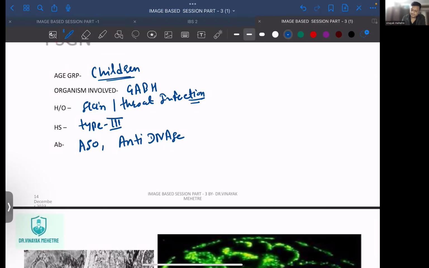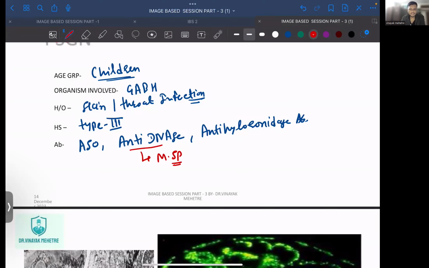For those who have studied well, there is one more: anti-hyaluronidase antibody. Okay, anti-hyaluronidase antibody, which is the most specific from these three? Most specific. This is the most specific, that is anti-DNase.